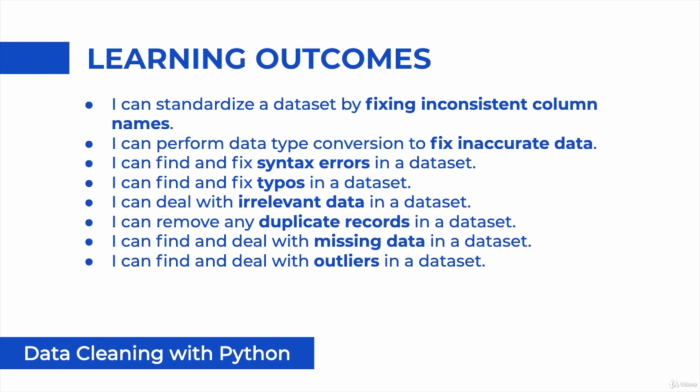I can perform data type conversion to fix inaccurate data. I can find and fix syntax errors in a dataset. I can find and fix typos in a dataset. I can deal with irrelevant data in a dataset. I can remove any duplicate records in a dataset. I can find and deal with missing data in a dataset, and I can find and deal with outliers in a dataset.